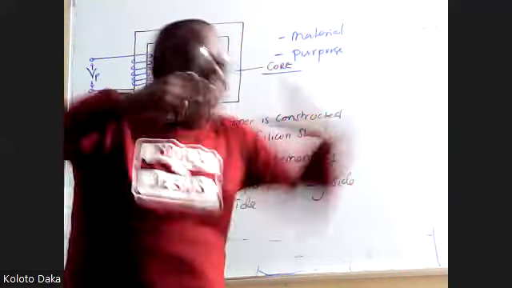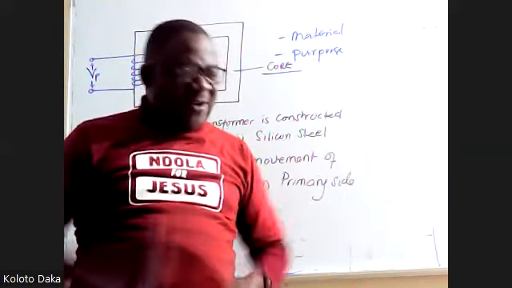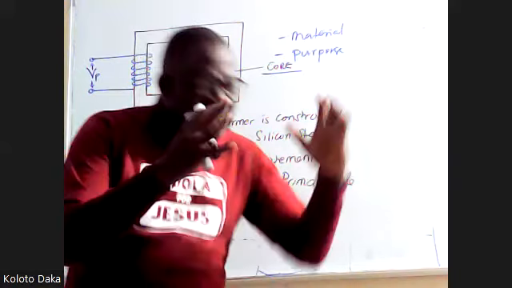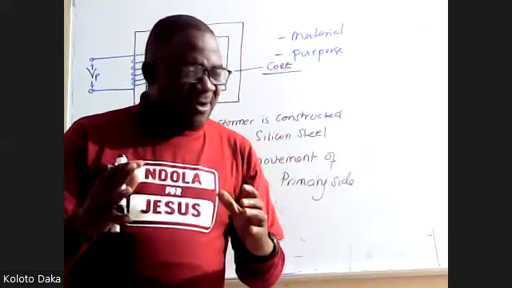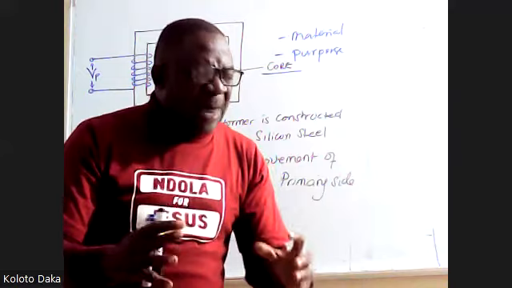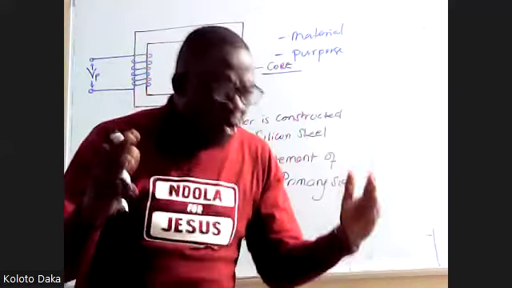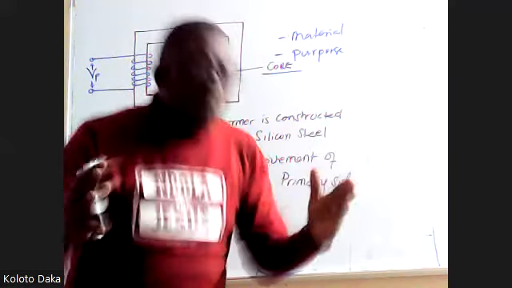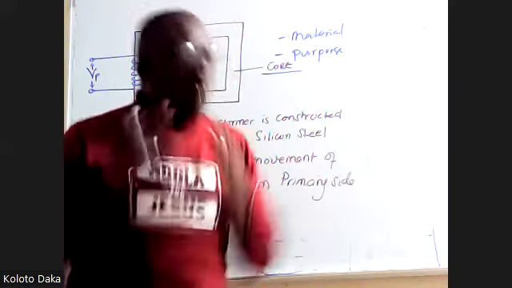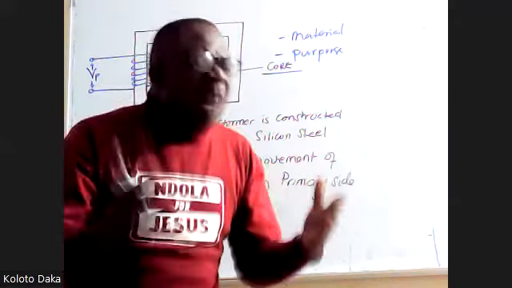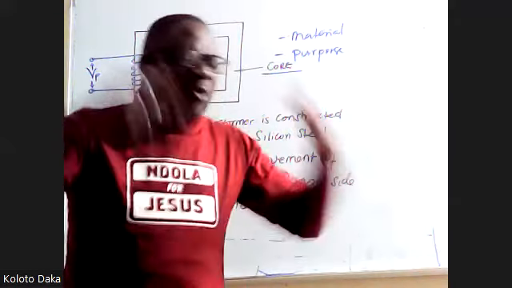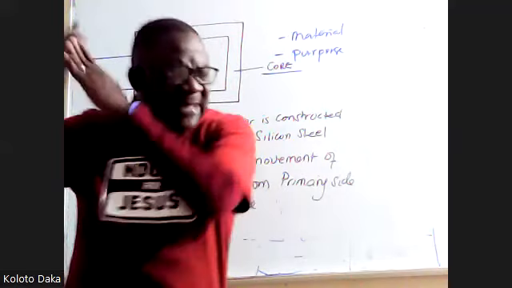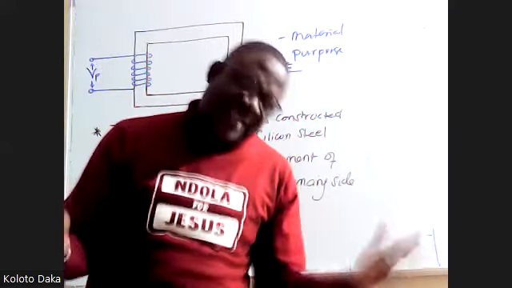Let people know that you have been taught by a professor. We can't talk about the transformer without talking about the core. So first thing we talk about the core. The core is made of silicon steel. Why? To allow easy passage of magnetic flux from the primary side to the secondary side.